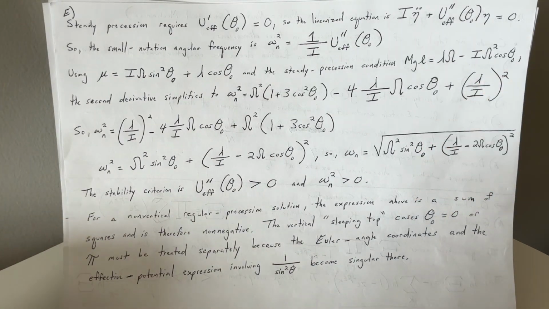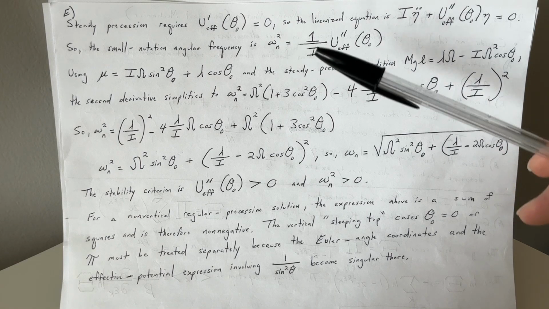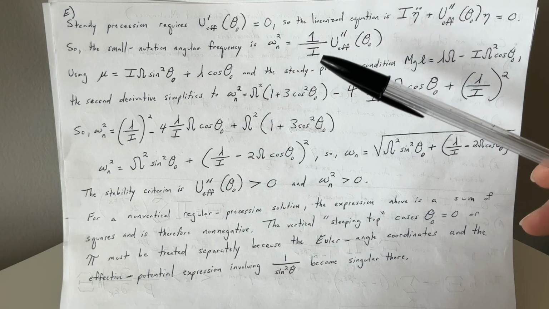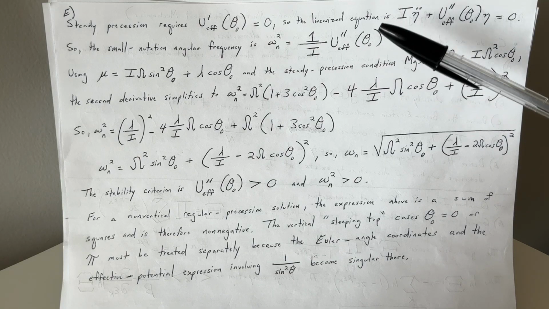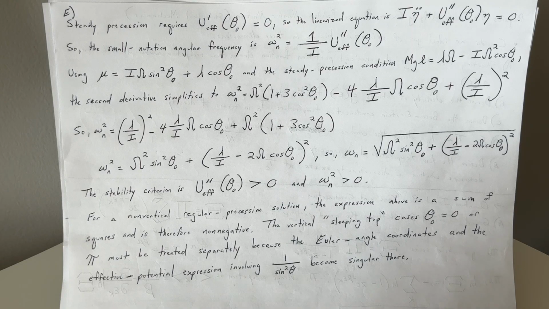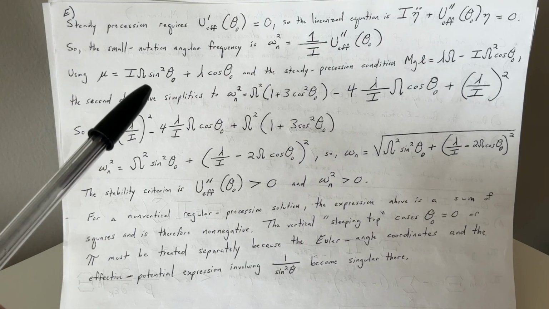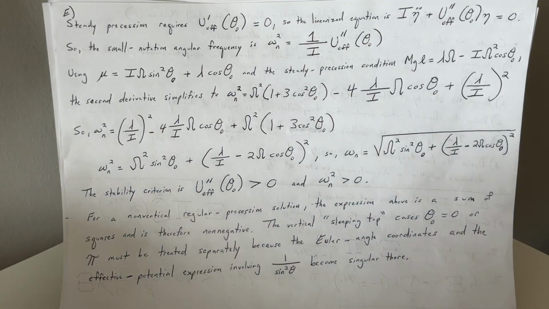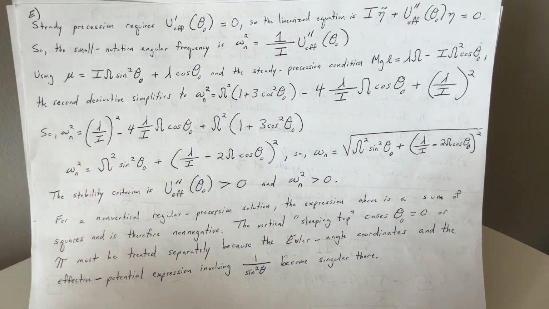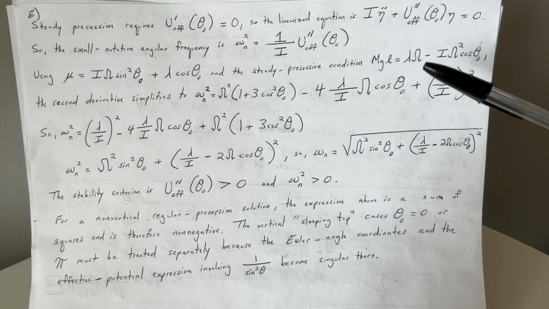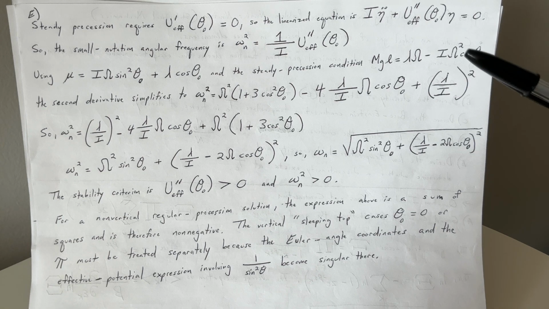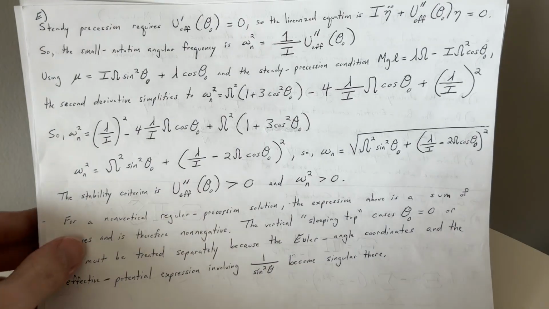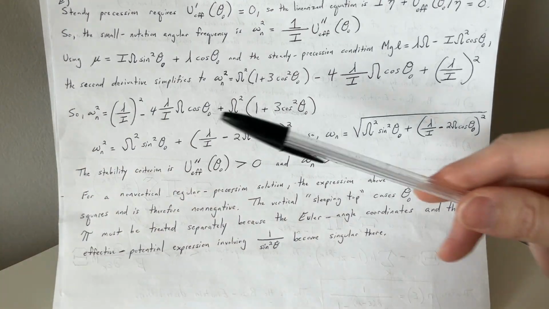And so the small oscillation angular frequency is omega sub n squared equals 1 over I U sub eff double prime of theta naught. So using mu equals I omega sine squared theta naught plus lambda cosine theta naught, and the steady precession condition mgl equals lambda omega minus I omega squared cosine theta naught, the second derivative simplifies.